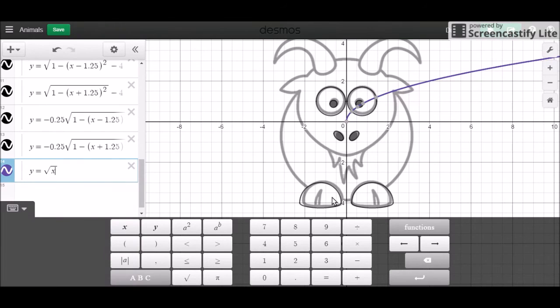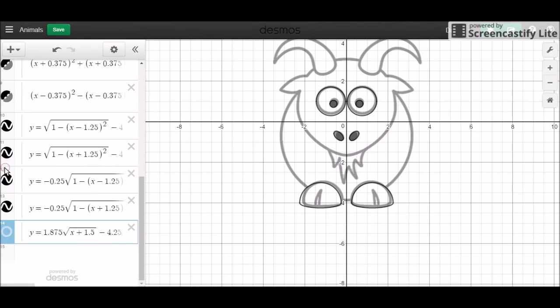Square root of x, and then I want to move this over here, so it's going to be plus 1.75. I'm going to subtract 4.25 maybe. It doesn't have to be perfectly lined up because I've decided which one I'm actually going to use. Okay, there's this sort of square root which traces this line pretty nicely.